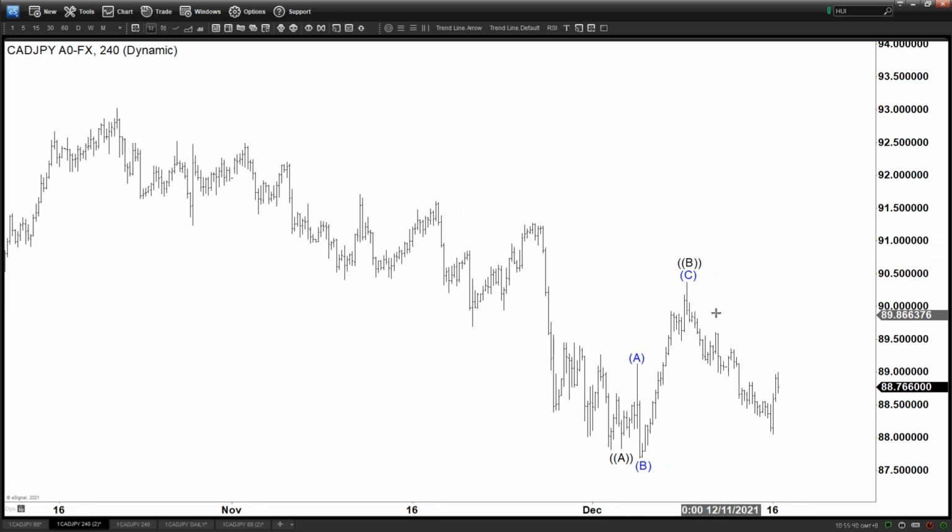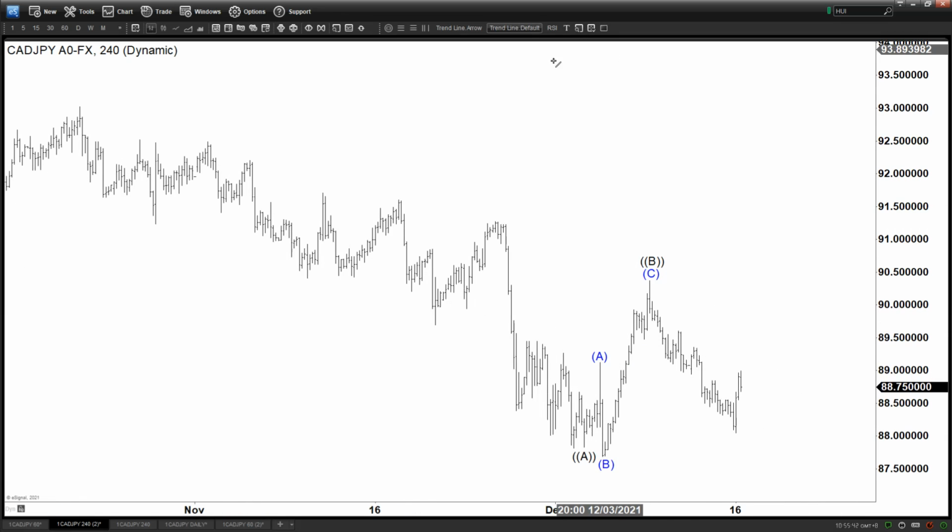So it's the same idea with the Canadian dollar yen. As long as the rally fails below this high here in 3 waves, then we can go down to continue the select on the downside. So this is your 1 of C, and then you're looking for a 3 waves rally to finish 2 of C, and then it can go down.